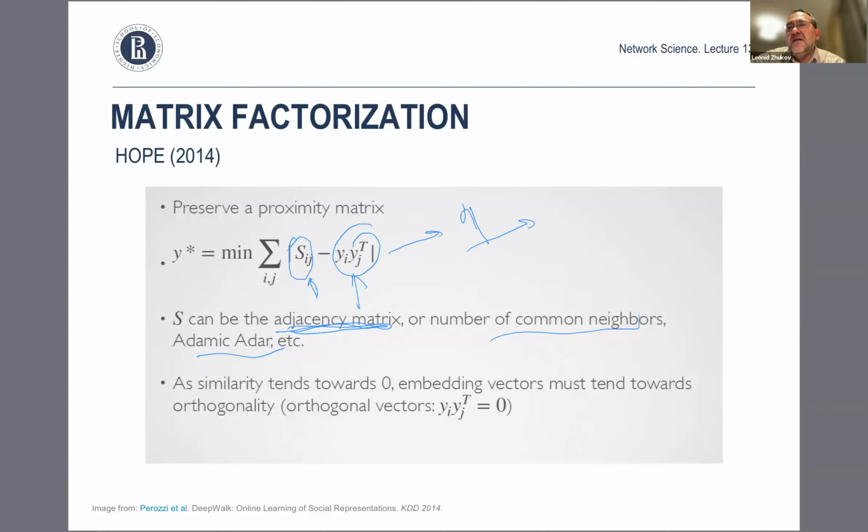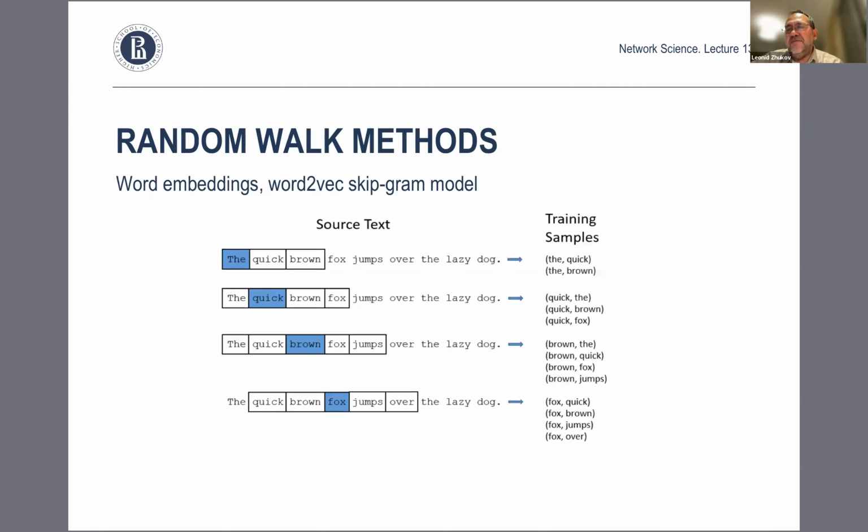If on the other hand the similarity is large, you want the vectors to be almost collinear, and that will make the similarity large. And then you can do optimization and find those embeddings by optimizing this expression. That's called matrix factorization. Those two methods operate on the entire matrix.